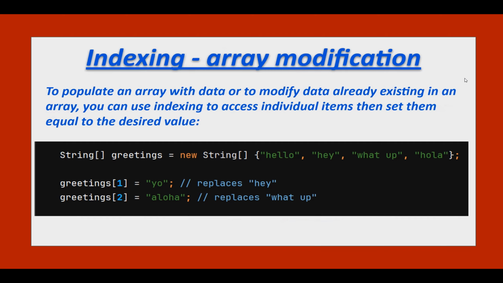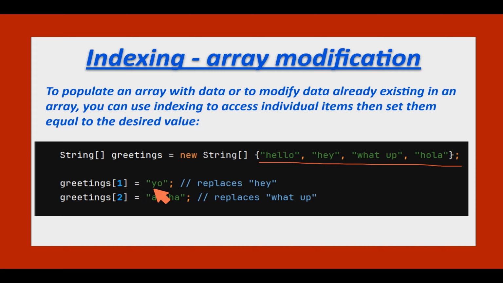Like it says, to modify data already existing in an array, you can use indexing to access the individual items and then set them equal to the desired value. So we start with this array and then we index into element 1 and we set it equal to yo.